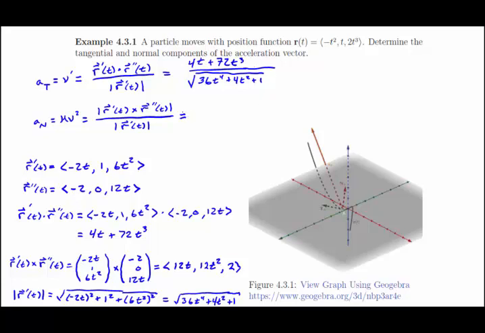For the normal component, we still need the magnitude of this cross product. So where do we want to put that? Running out of room here. Let's go to the top right.